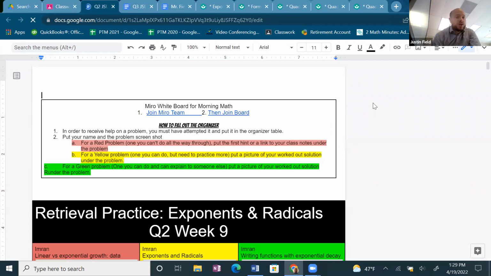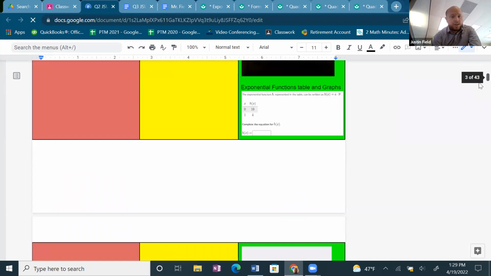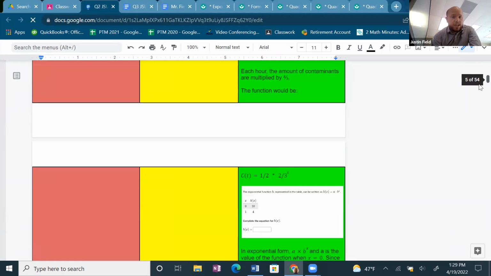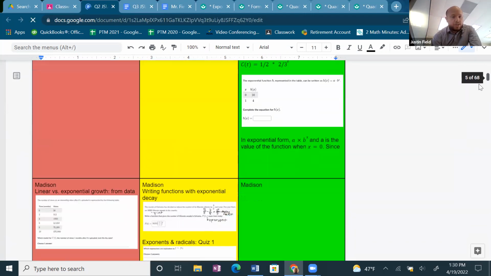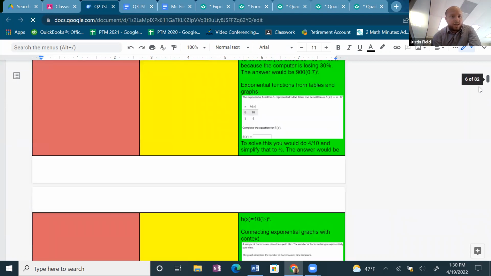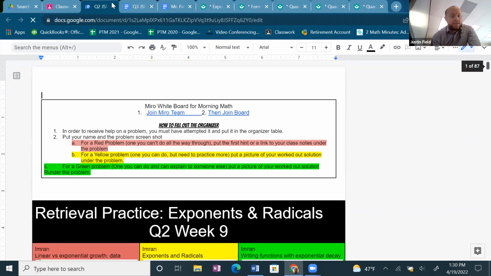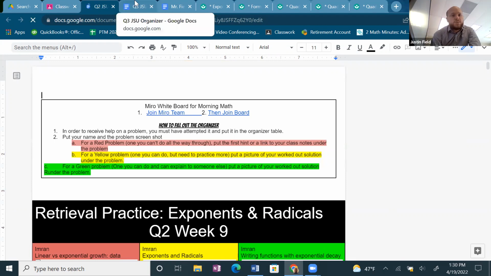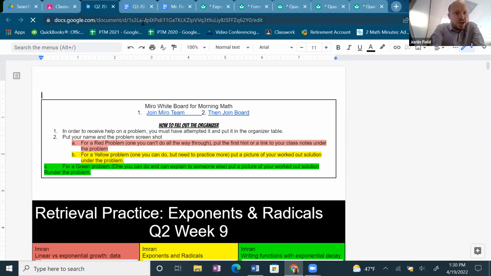So what you can do is go to your second quarter organizer, Clark Atlanta, Jackson State, and search your name and find the exponential problems and read through them and retrieve. Look at the problem, think in your head if you remember it, write it down if you have to, and then look at the solution and see if you remembered it correctly.